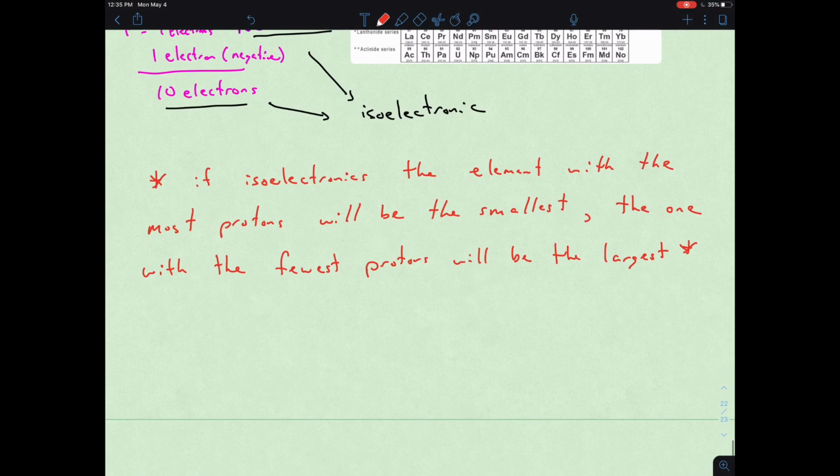So let's look at an example of this. We have sulfur -2, sulfide. We have chloride. We have potassium. And we have calcium +2.